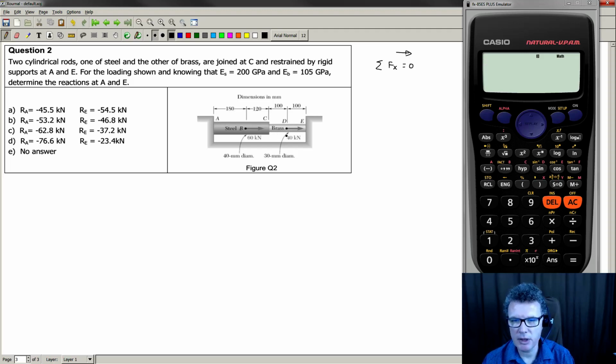For our free body diagram, here we can identify that we've in effect got 4 sections to deal with. So we've got a change in geometry here, and then we've got a bolt drilled in, probably, with a force being applied at that bolt.